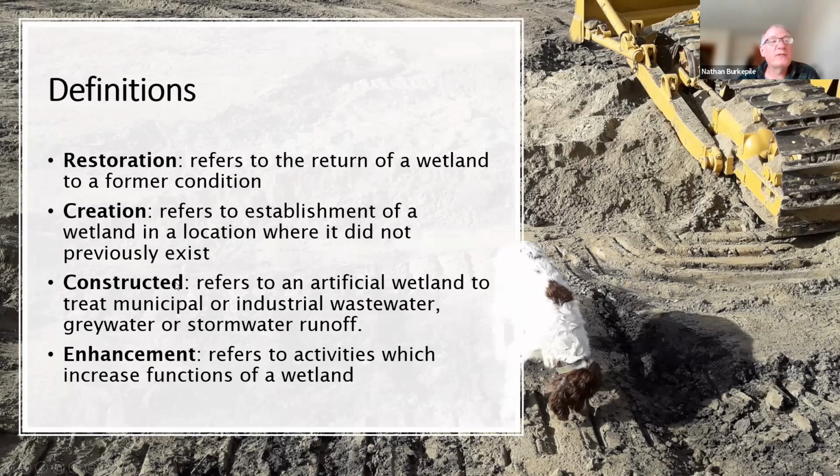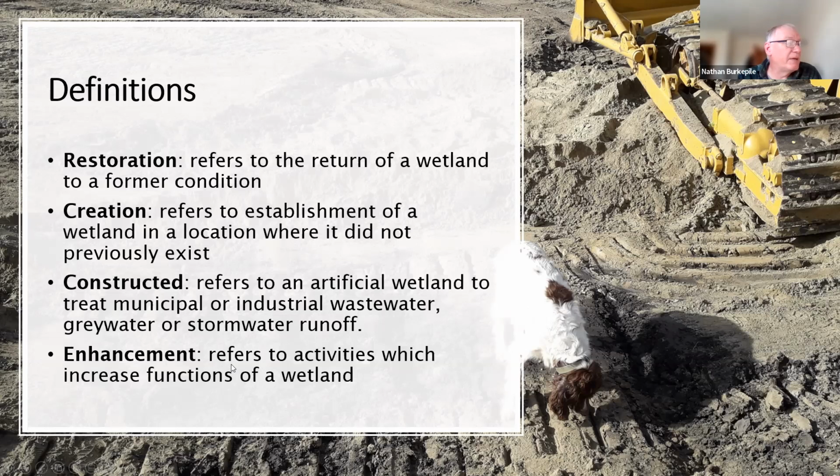When we say constructed wetlands, we usually think about wetlands that are used to treat water, usually stormwater, municipal water, industrial wastewater, even effluent from dairy sheds and piggeries and that kind of thing. Those constructed wetlands are basically a subset of a creation wetland, but they're designed just for water treatment.